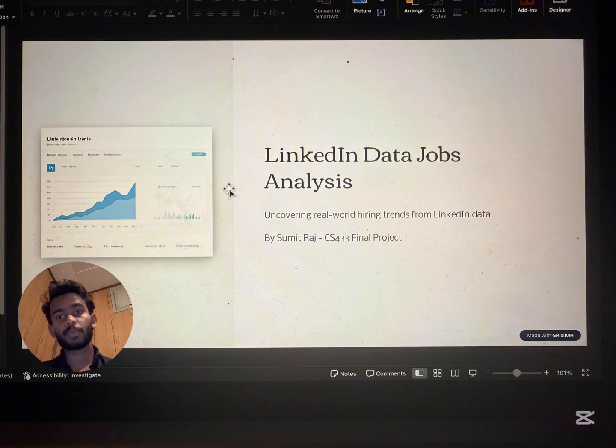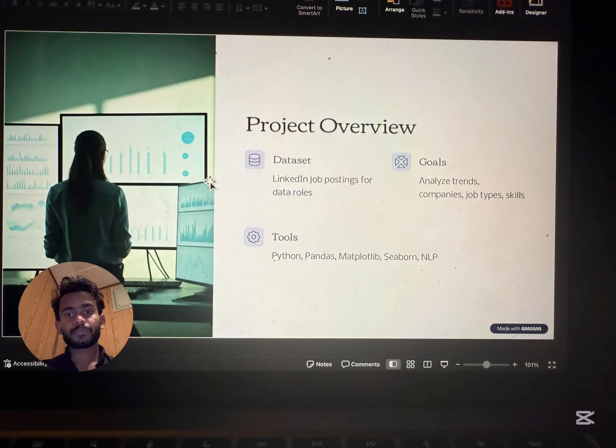For this I used Python along with different libraries like pandas, matplotlib, Seaborn, and applied natural language processing with TF-IDF to extract skills from job descriptions.